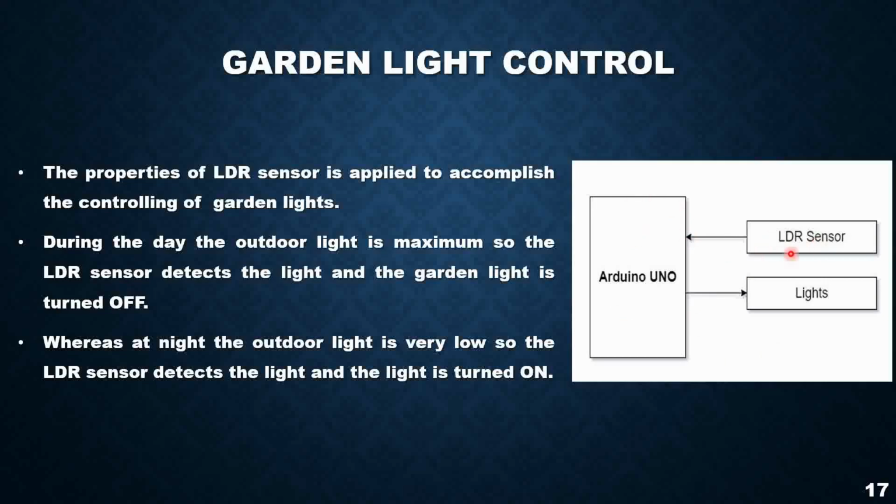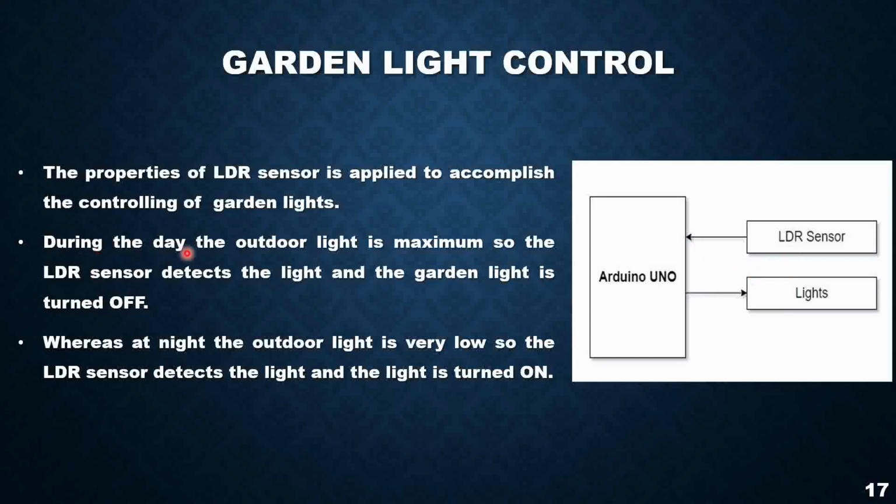The LDR sensor detects the light and provides analog input which is converted to digital form, and it is fed to the Arduino Uno board which has the microcontroller in it, which decides whether to switch the light on or off depending on the input provided by the LDR sensor.